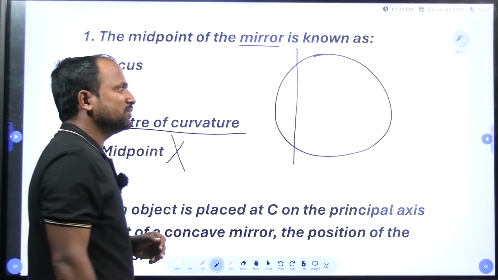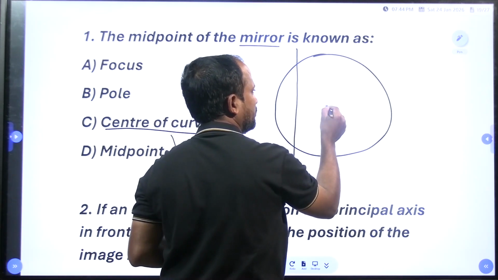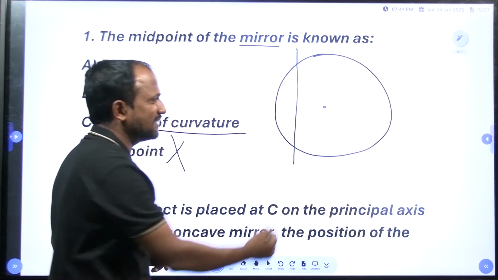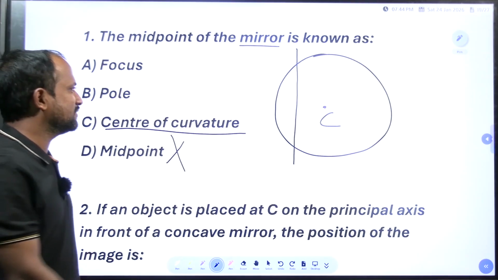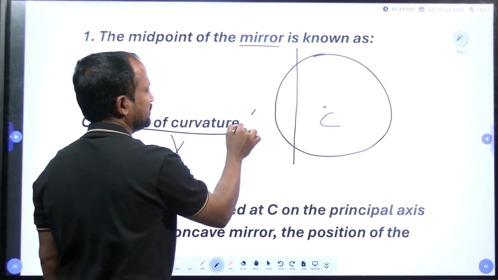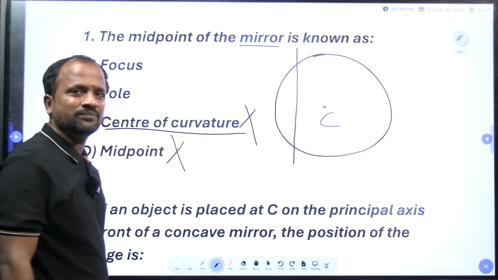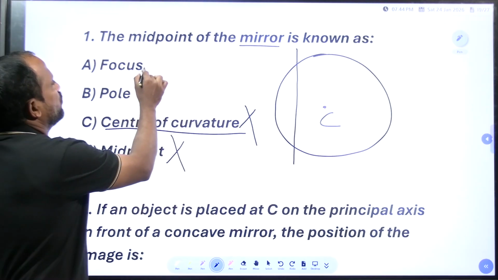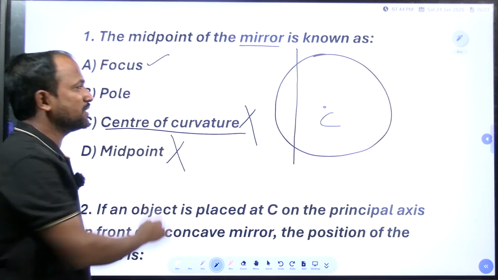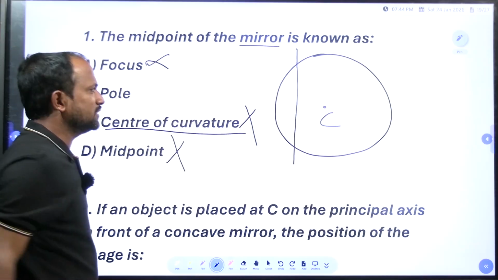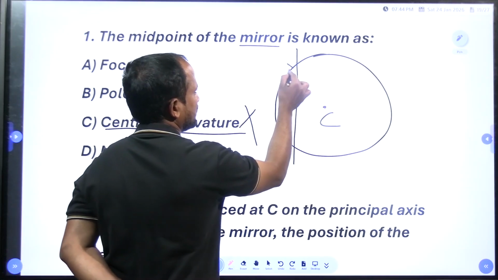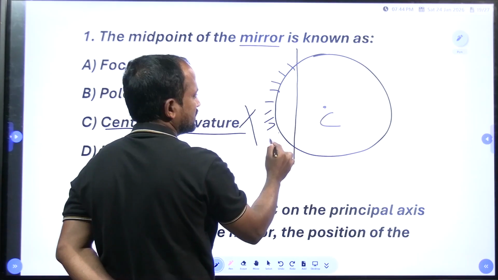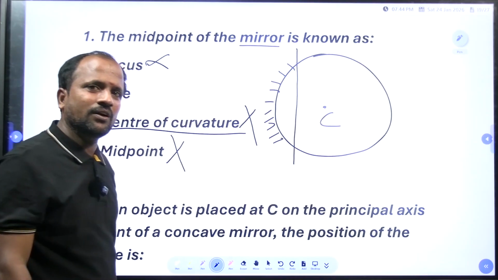The center point of the spherical mirror is known as the center of curvature. So this is also not the answer. Next, focus. If you observe the focus, then focus is also wrong. Why? Because the focus is on the curved surface of a concave or convex mirror.